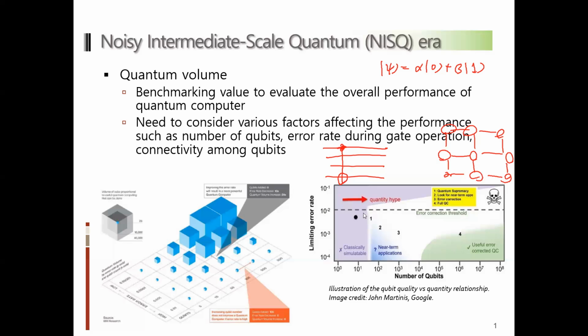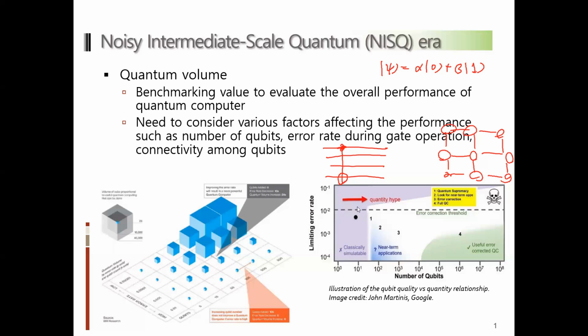This one shows that if our number of qubits is limited down to here, then however small the error rate is, the computational power of such a quantum computer is still comparable to the classical computer.